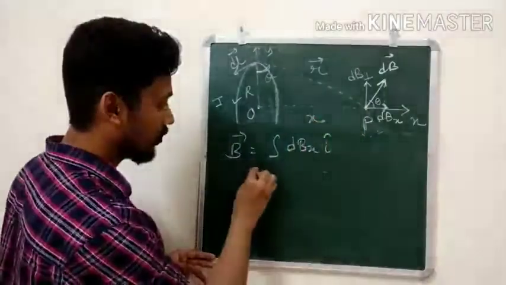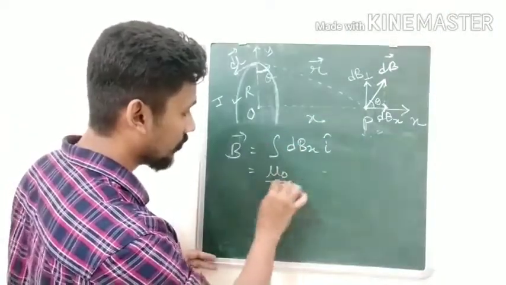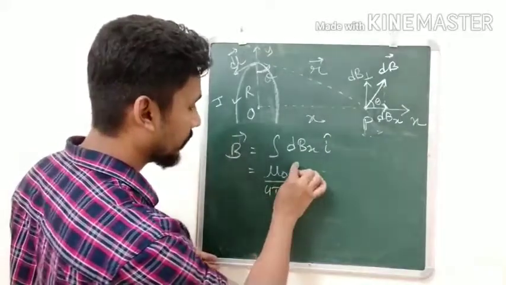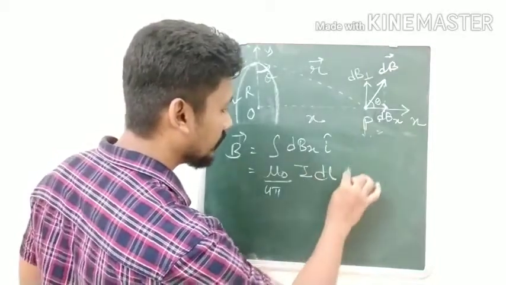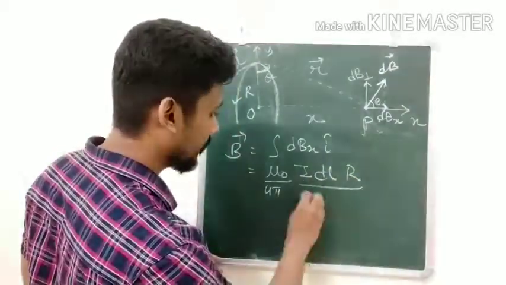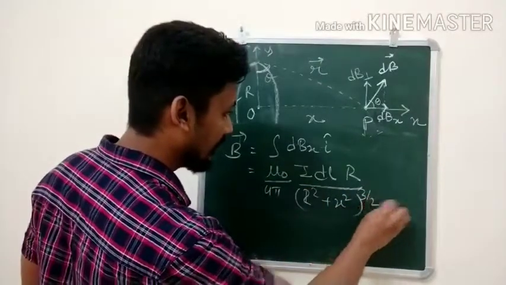We found dBx is equal to μ0 upon 4π I dl into capital R upon (r square plus x square) to the power 3 by 2.